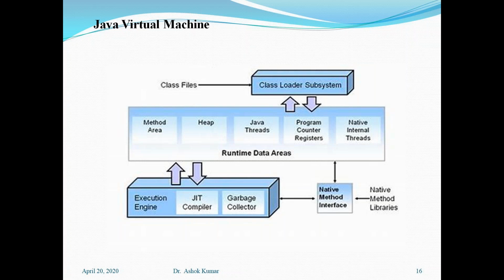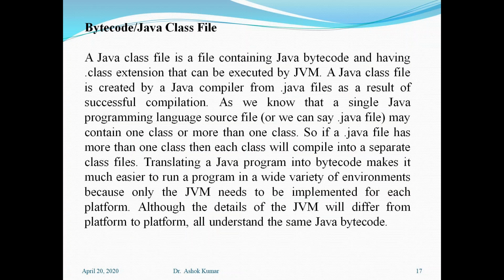As we discussed earlier, when we compile a program, a class file gets created, and if your program has many classes, we'll start with one class only in the coming slides, but in actuality your program can have as many classes as you want. If you have 5 classes, for example, then Java will create 5 class files when you compile it, right?